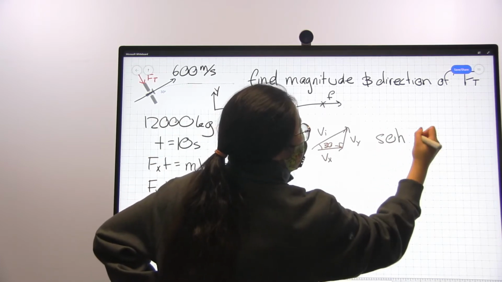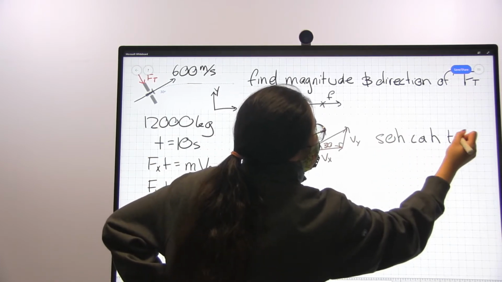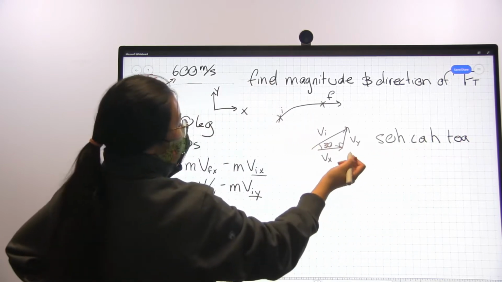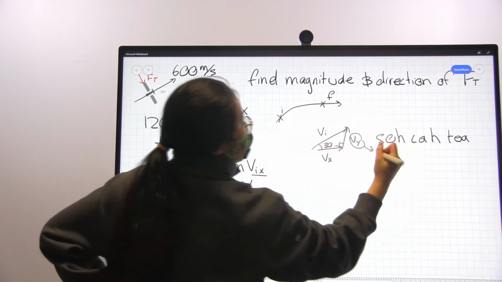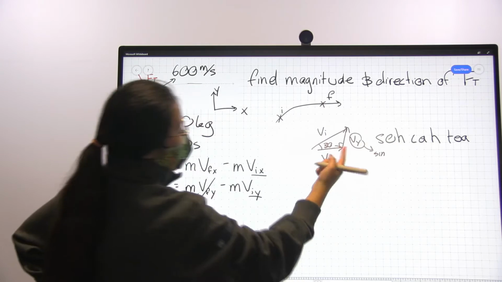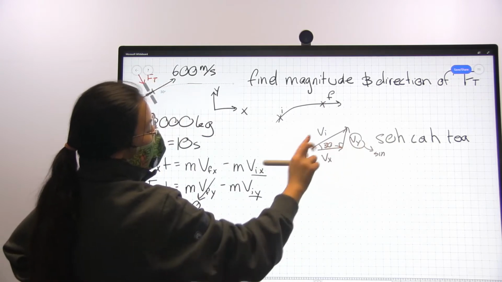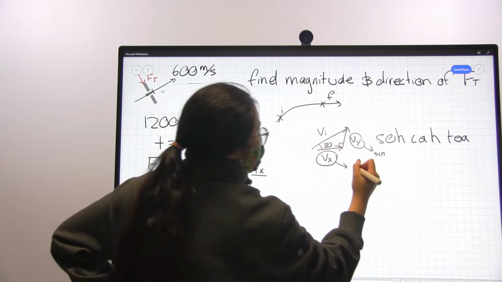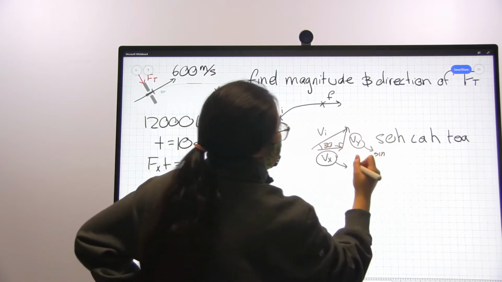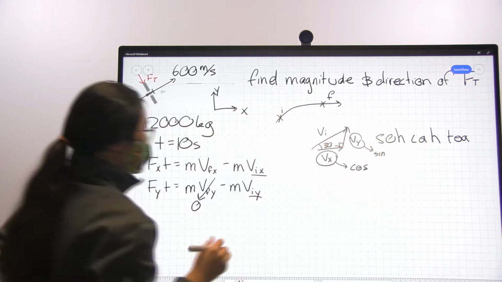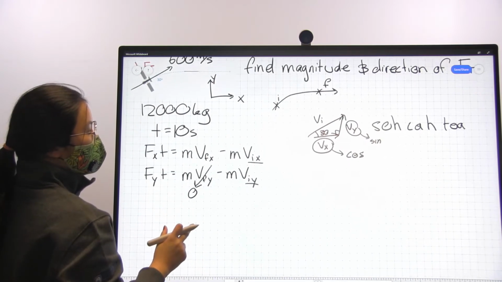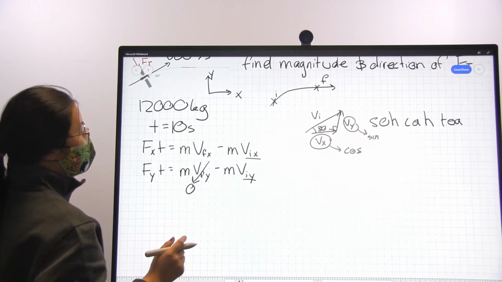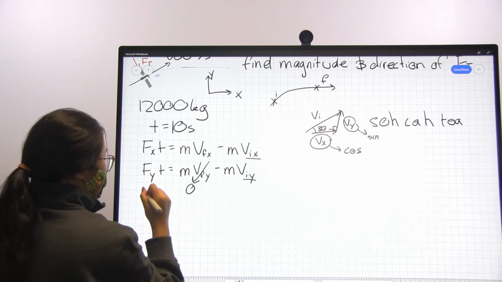Using SOHCAHTOA, we know that this is going to be sine, because the y direction is opposite the 30-degree angle, and the x vector is adjacent to the 30-degree angle, so this is going to be cosine. So now we can substitute in our known values into this problem like this.